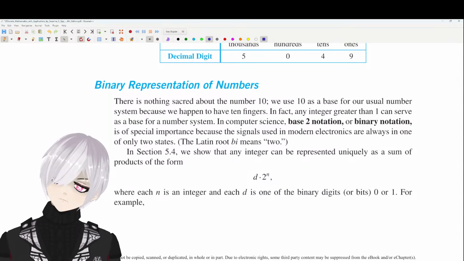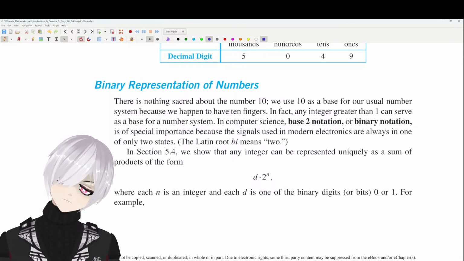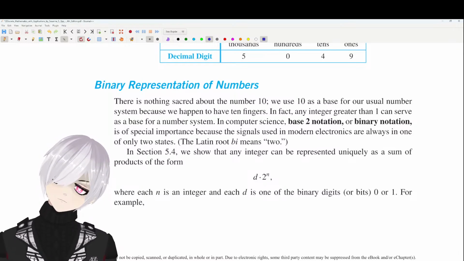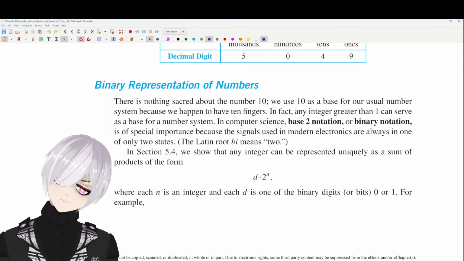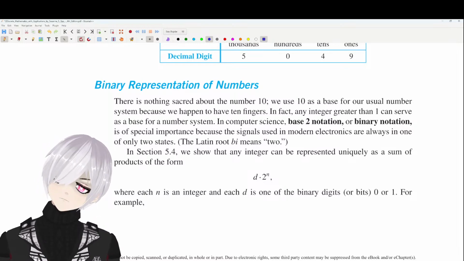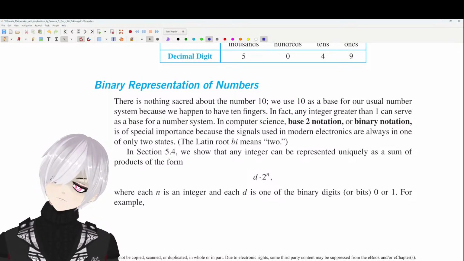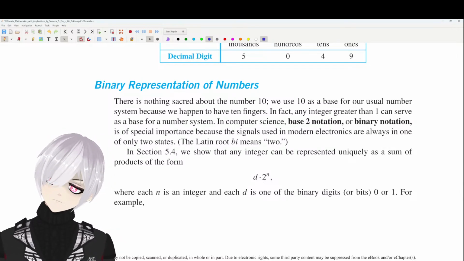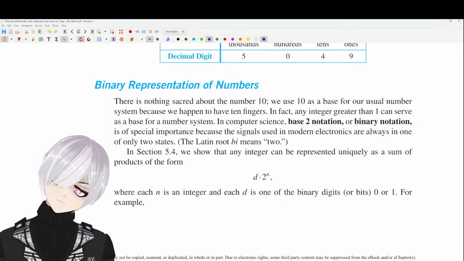In the decimal system we have 10 digits, 0 through 9, and we can put them in the tens place. If we had base 1, we would just have the digit 1. And the digits are places based on the powers of that base.